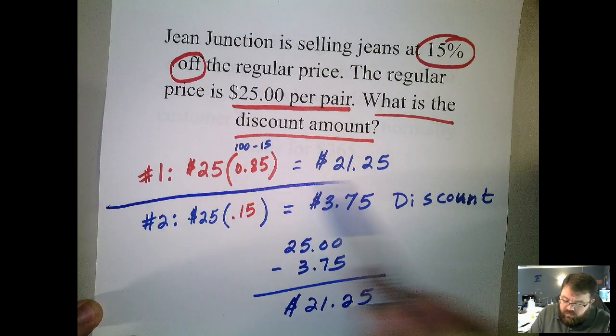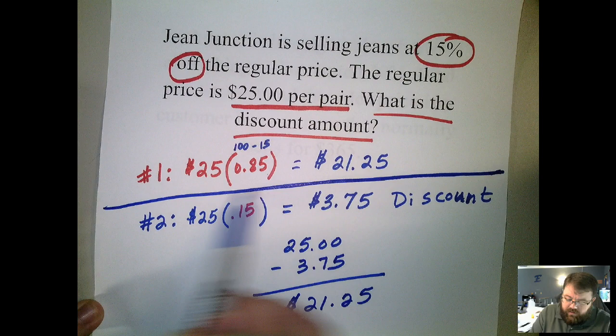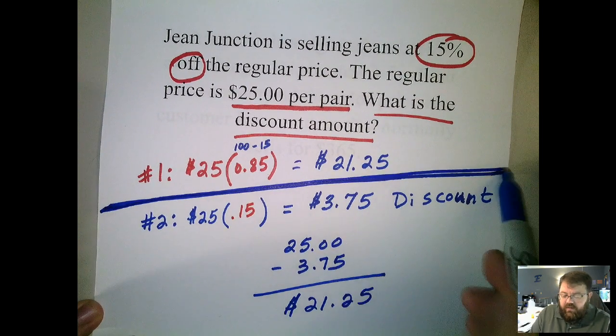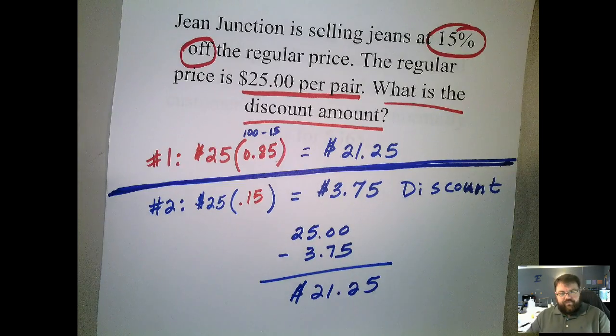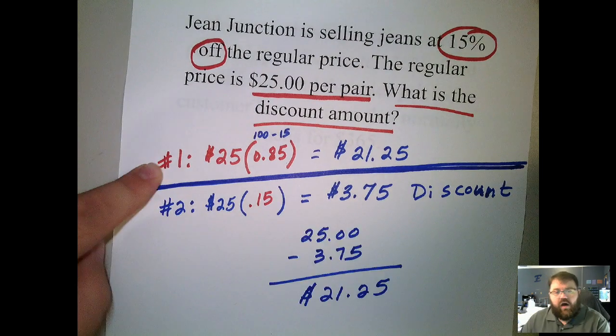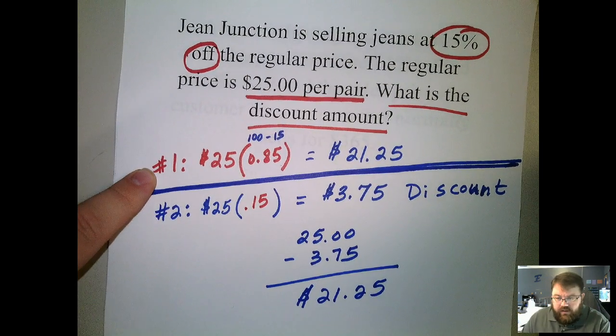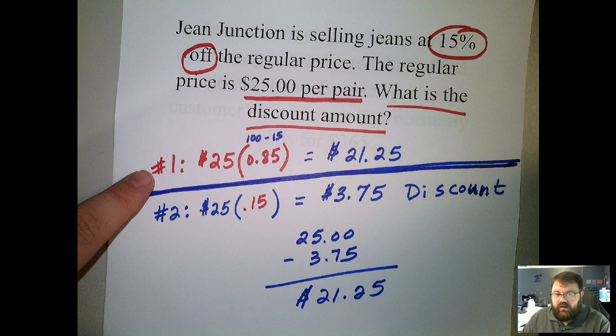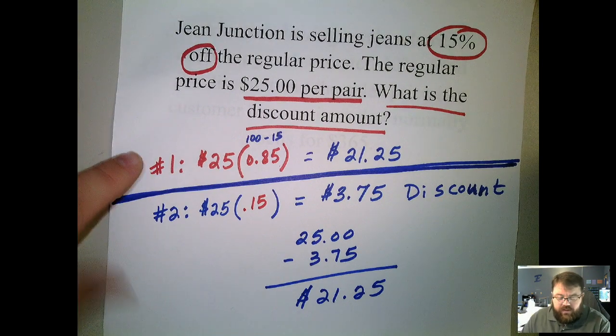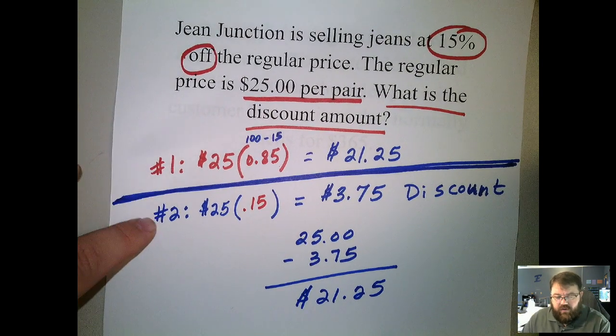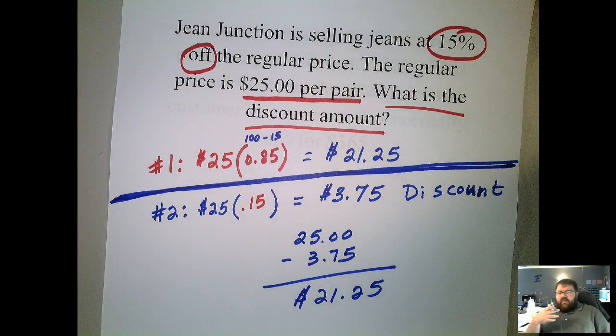So these are two different options to solve this problem. Some students see option one very quickly and they understand what it is they need to do. Some students have to solve it using number two, all right? And I'm okay with either one.